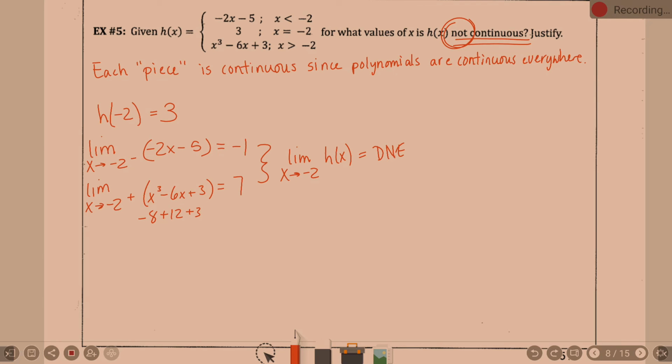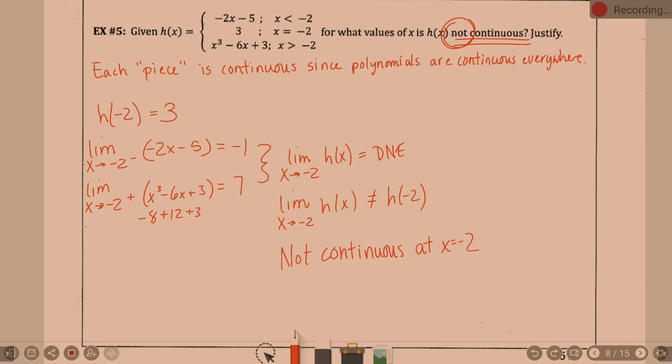So the limit as x approaches negative 2 of h of x does not equal h of negative 2. All of those are reasons to say it is not continuous at x equals negative 2.